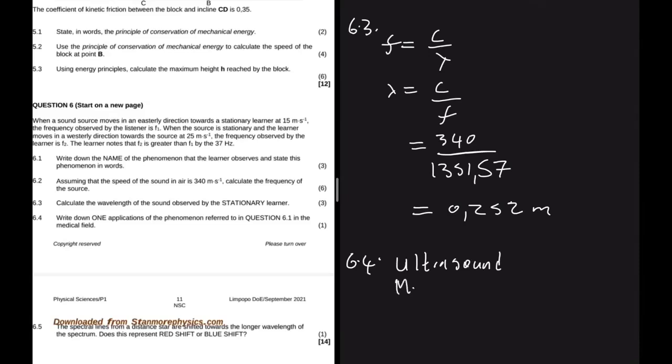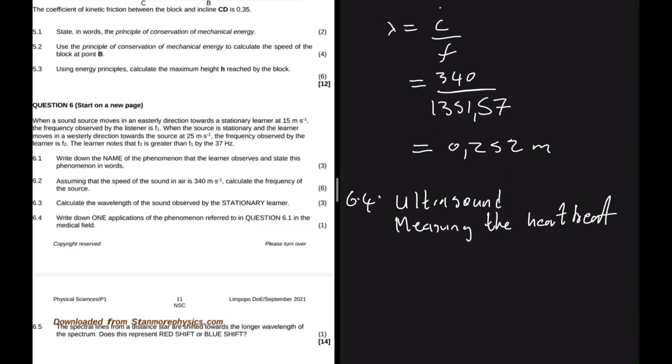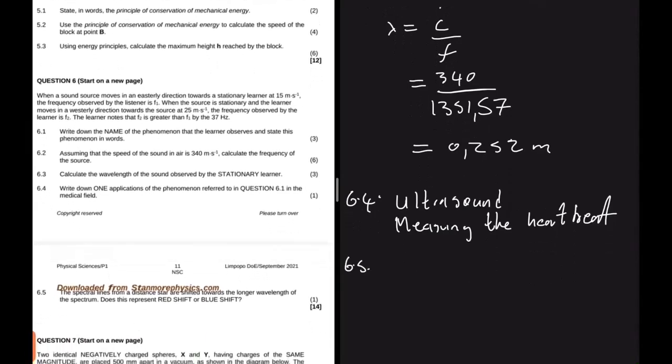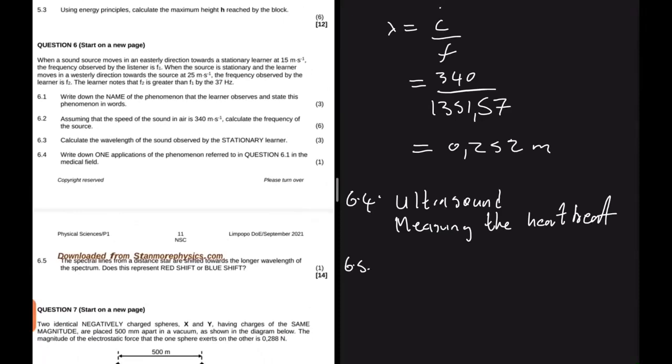So you can write measuring the heartbeat, right? But this is the stuff you can just Google and you find it. And then 6.5 says the spectral lines from a star are shifted towards the longer wavelength of the spectrum. Does this represent redshift or blue shift? So longer wavelength, that is red shift. If it's shorter wavelength, then that is blue shift.